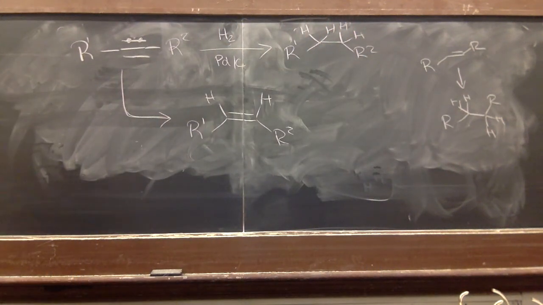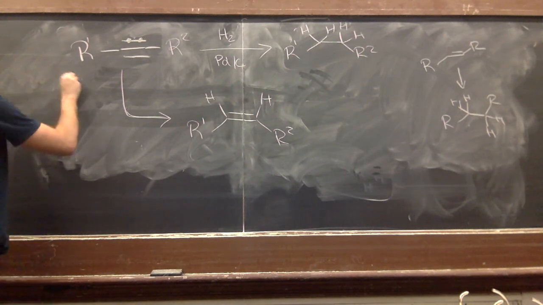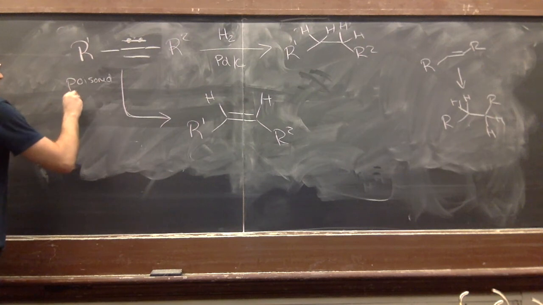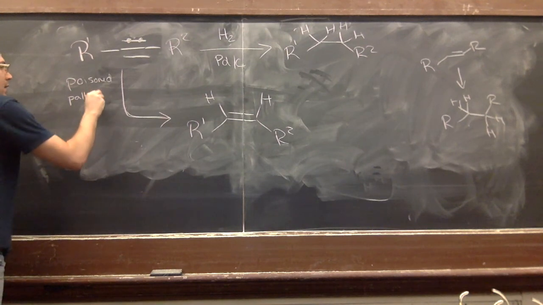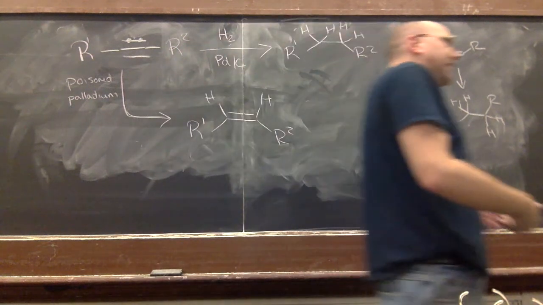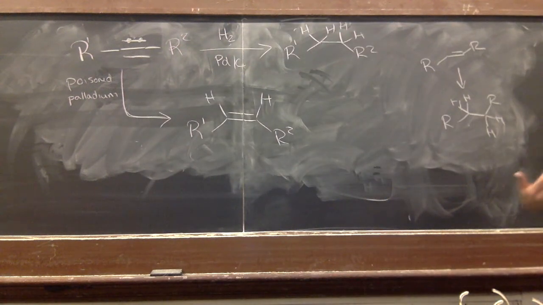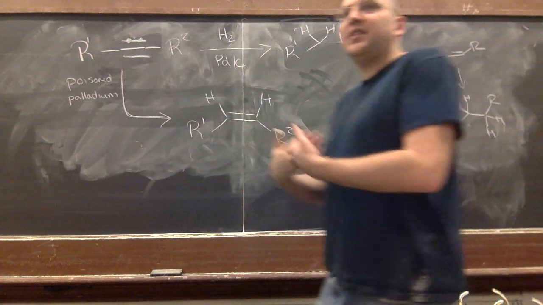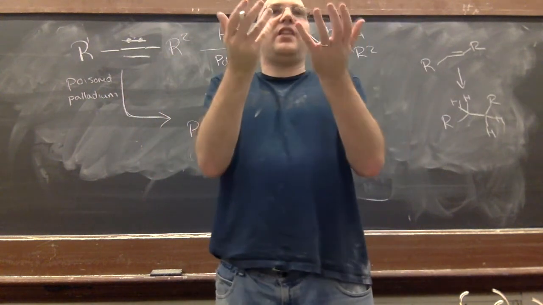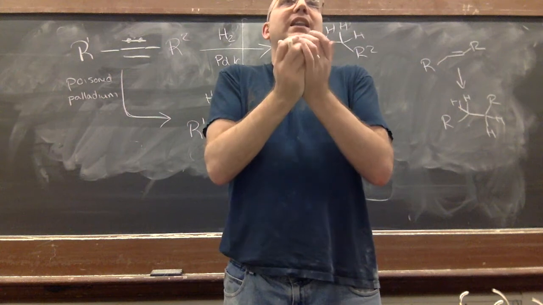I will settle for poisoned palladium, because that is really what Lindlar's catalyst is. In the case of Lindlar's catalyst, I think it's quinoline or something like that. It's a basic residue that will, in essence, soak up some of the sites of the palladium and make it less active.